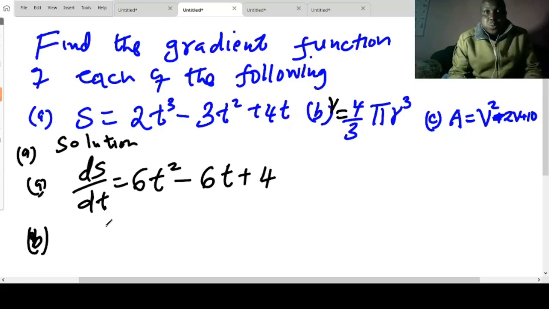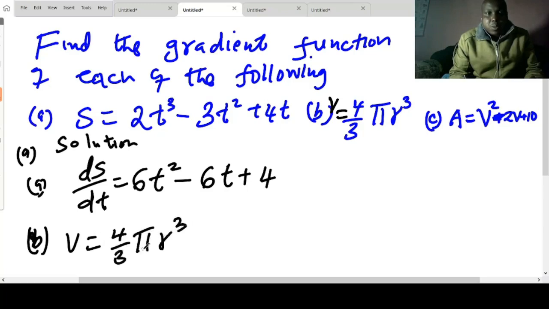Now this one, we have V, which is equal to 4 over 3 pi r cubed. So we are going to differentiate V with respect to r and not pi. Because the variable on the left side is V and the variable on the right side is r, we are going to differentiate V with respect to r only.